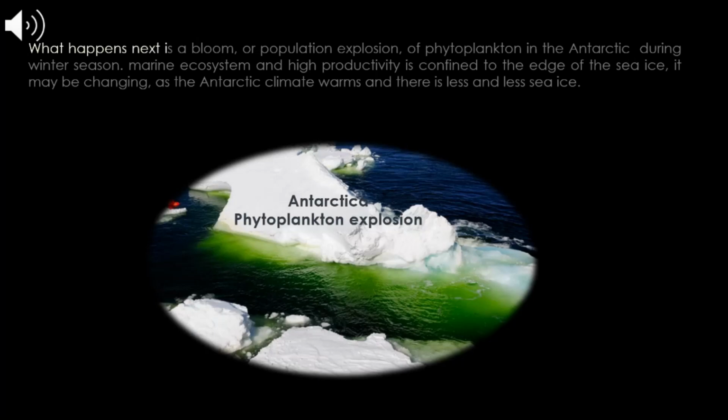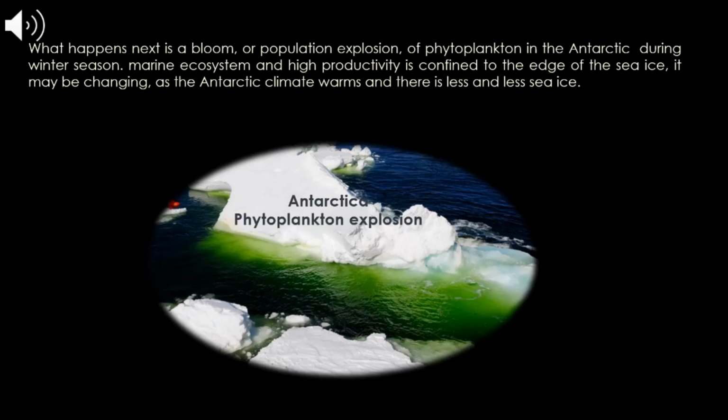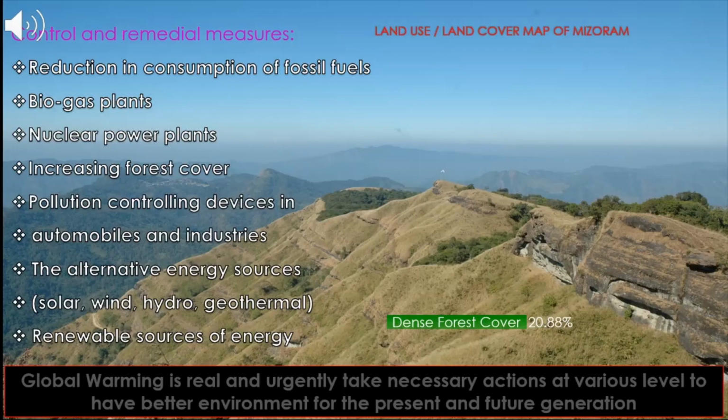What happened next is a bloom, or population explosion, of phytoplankton in the Antarctic during the winter season. Marine ecosystem and high productivity are confined to the edge of the sea ice. It may be changing as the Antarctic climate warms and there is less and less sea ice.